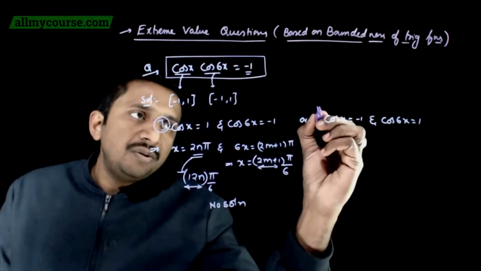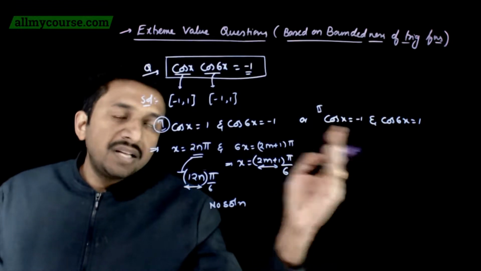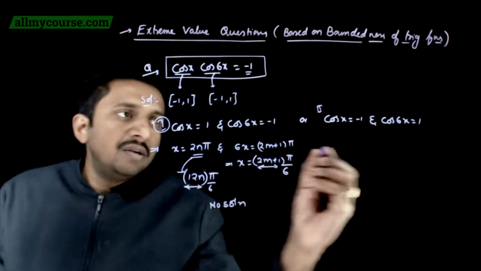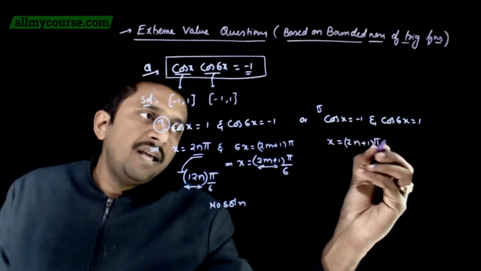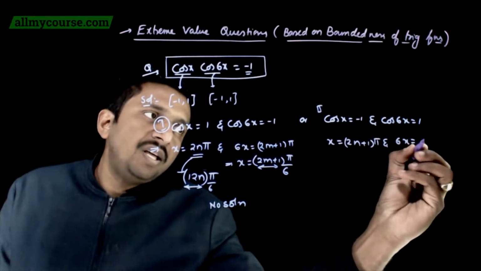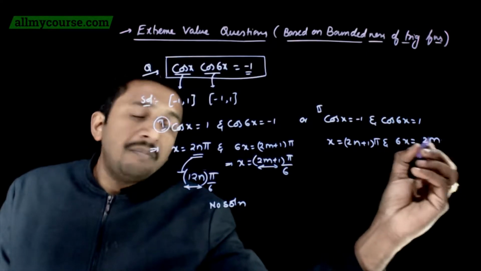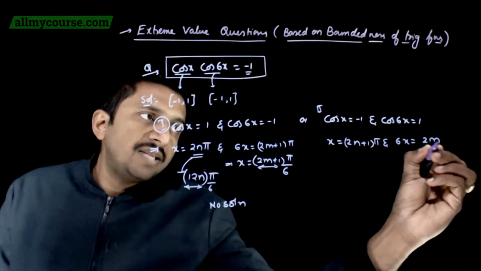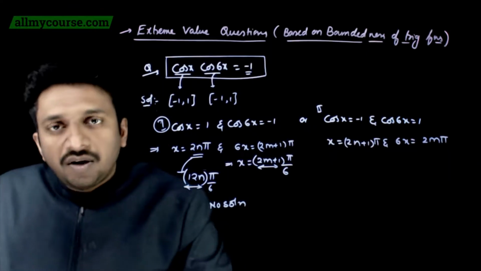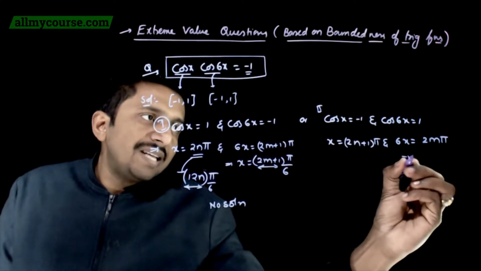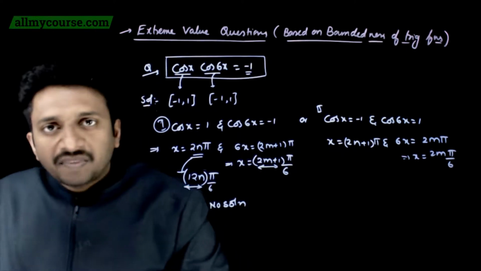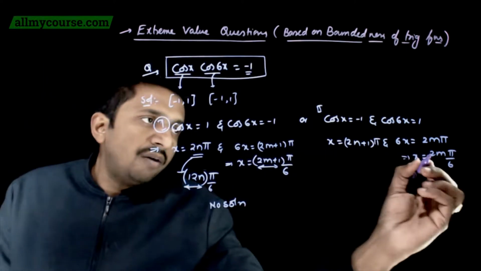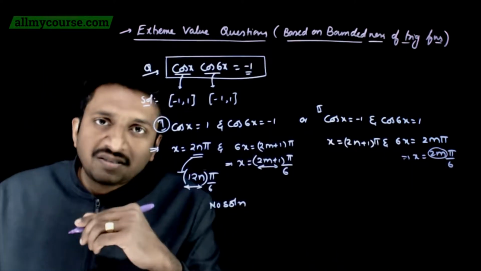Let us go to case 2, where cos x is equal to minus 1 and cos 6x is equal to 1. So x has to be equal to an odd multiple of pi and 6x has to be an even multiple of pi. 6x has to be equal to 2m pi. So this implies x has to be equal to 2m times pi by 6. There is an even multiple of pi by 6.